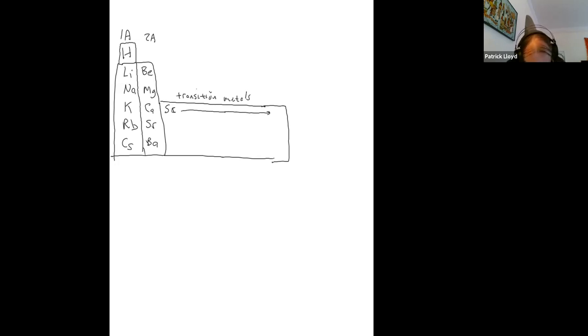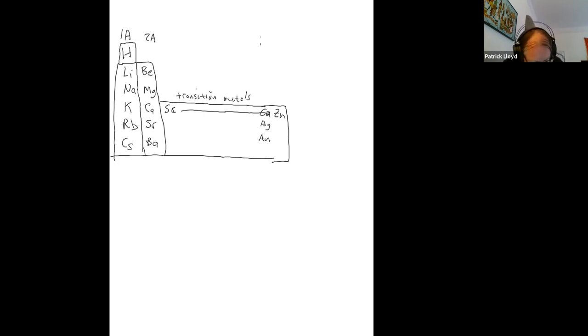These are a lot of the metals that you're familiar with: gold, silver, copper, iron, nickel, cobalt, chromium, a lot of those very common metals. Copper is right there. Silver is underneath it. Gold is underneath that. There's a bunch of metals there. Those are metals. They tend to lose electrons too.